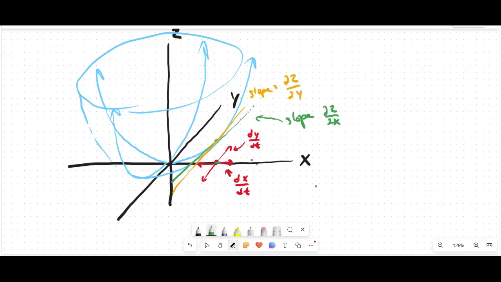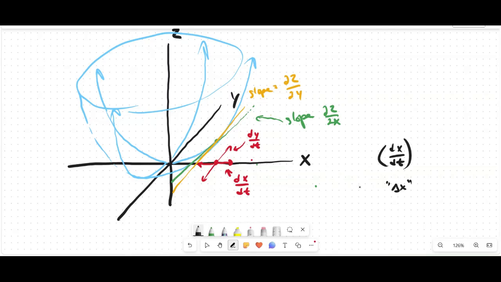So if we move to the right, let's say, there is a change, dx/dt. You can think of this like how much we change in the x direction, delta x. And then there's this slope in the x direction. And just imagine that slope is 0 first.